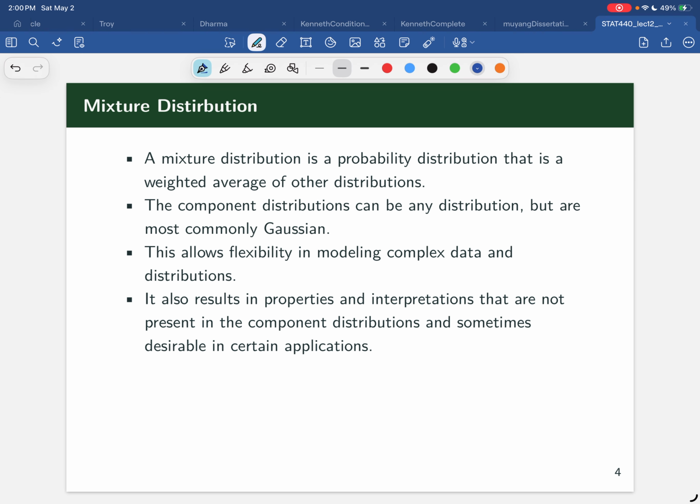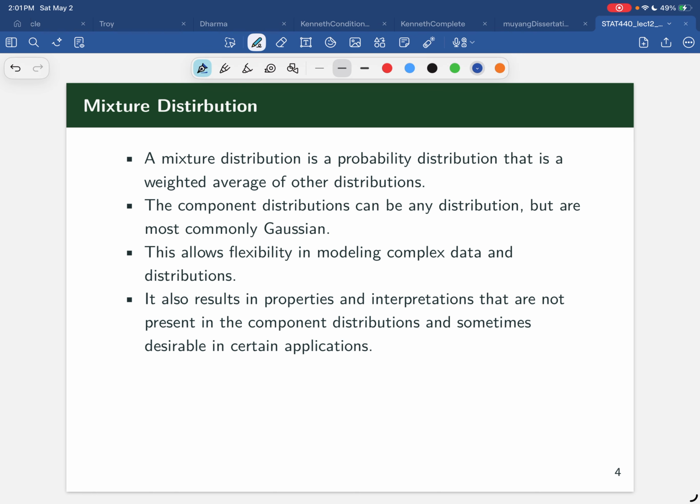Okay, this slide says a mixture distribution is a probability distribution that has a weighted average of other distributions. And we'll see this on the next couple of slides. Basically, what we're going to do is put together several different distributions, add them up to get a new flexible distribution.